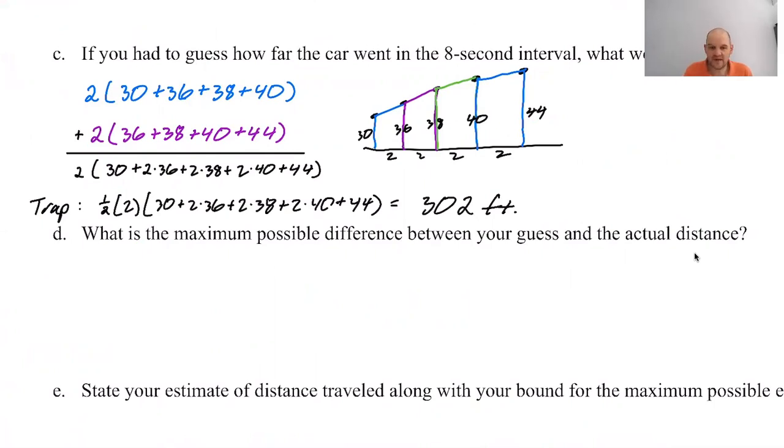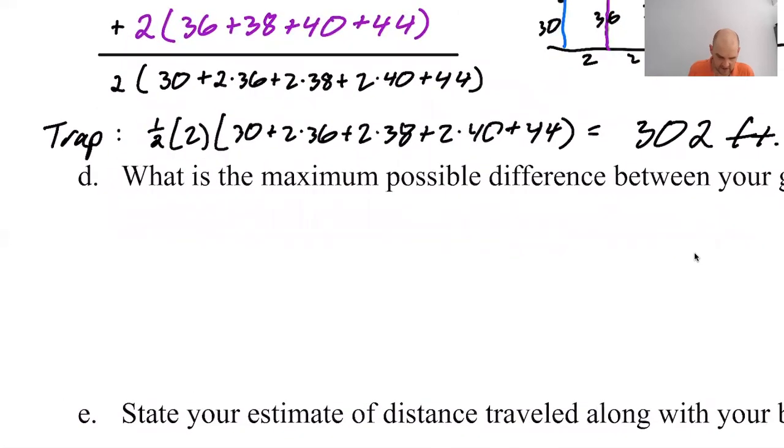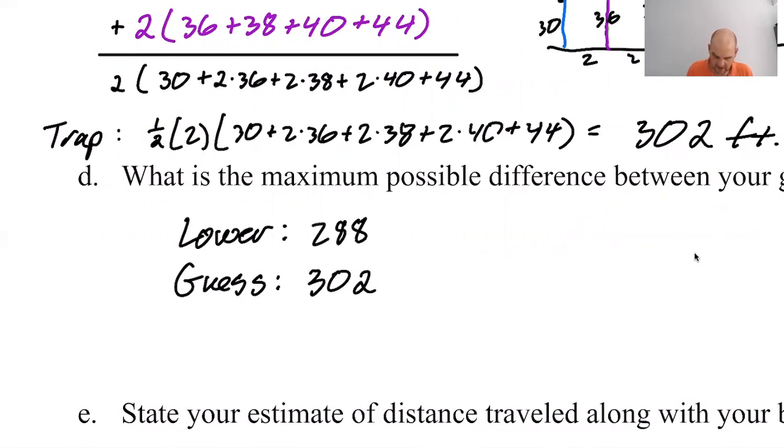What is the maximum possible difference between your guess and the actual distance? Okay, so our guess, let's think about this. Our guess is 302. The lowest it could possibly be is 288. And the distance between these is 14, I think. Our upper, this is the way the average works, so it shouldn't really be that surprising, is 316, and the distance between these is 14.